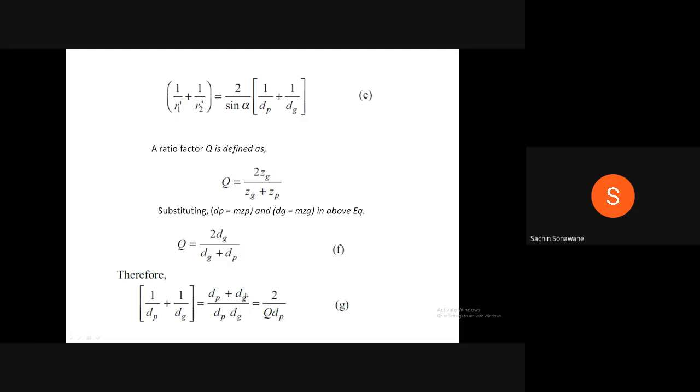We have substituted the value in terms of Q. That's how we have got this value. dp plus dg divided by dg is equal to 1 upon Q, sorry, 2 divided by Q. Therefore, 2 divided by Q into dp, equation G. Therefore, write down these equations, make it fast.